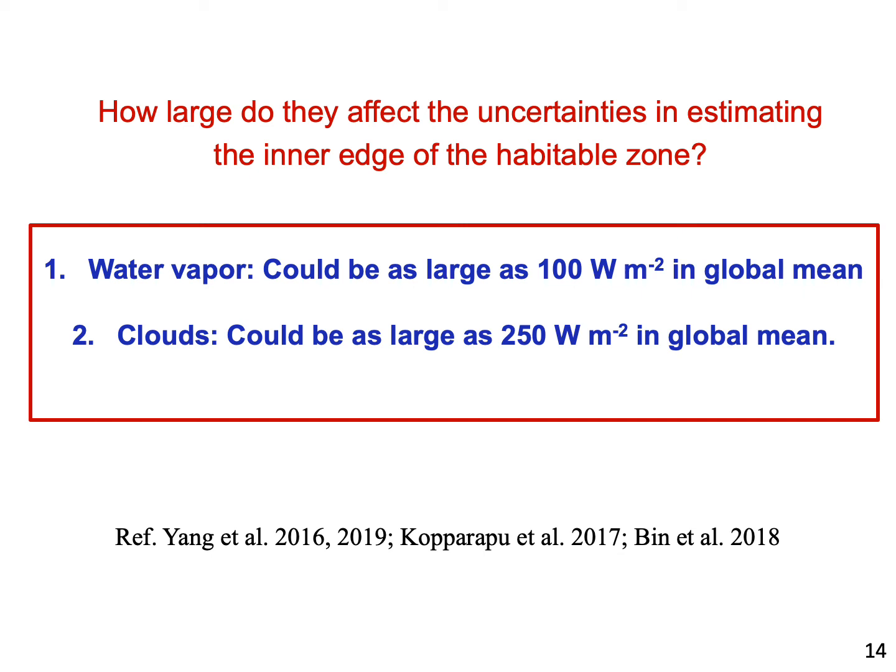And for clouds, its effect could be as large as 215 watts per meter squared in global mean, also for M stars. For G stars, their effects would be smaller.